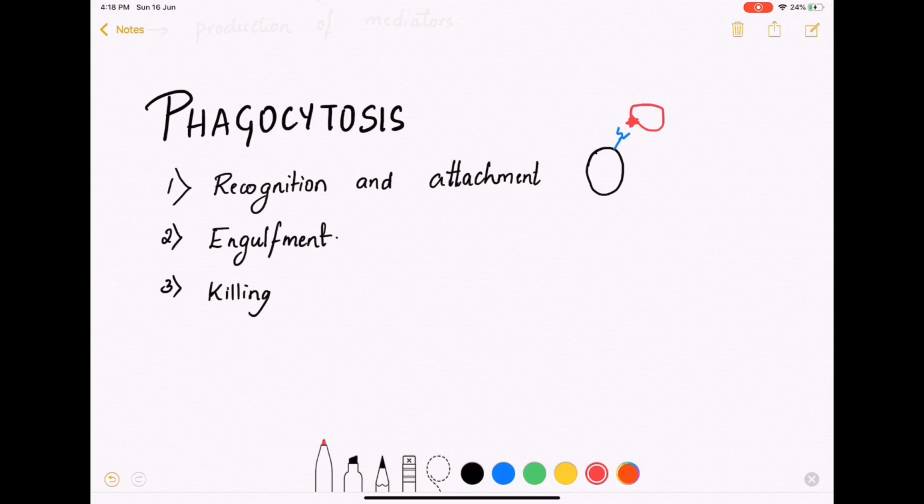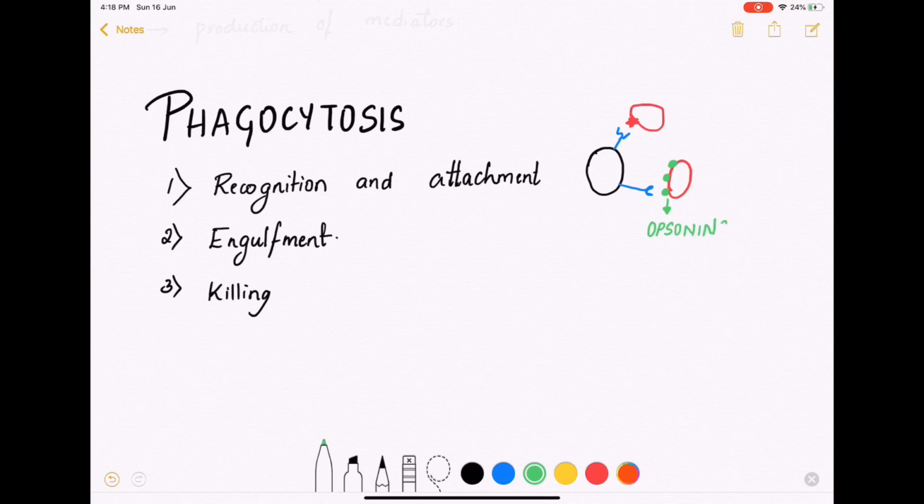But in another scenario, what can happen is this is my microbe. It gets coated by a few host proteins, right? And these host proteins are going to be recognized by the receptors present on the phagocytic cells. And these intermediate proteins, which enhance the phagocytosis, are called opsonins.